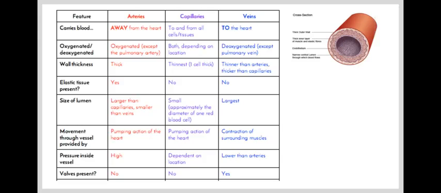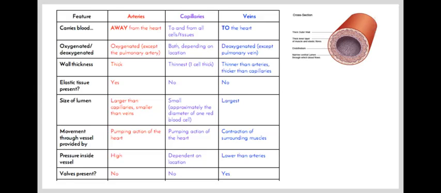The pressure inside our arteries is quite high, which is why if you ever cut an artery, or you've seen in the movies where someone slashes someone's throat, which is a little bit gruesome, we can see that spurting motion of the blood, and that's because the blood is moving through our arteries at high pressure. And lastly, there are no valves present in our arteries, because the force of the heart pumping the blood means that there's no chance of the blood flowing backwards.